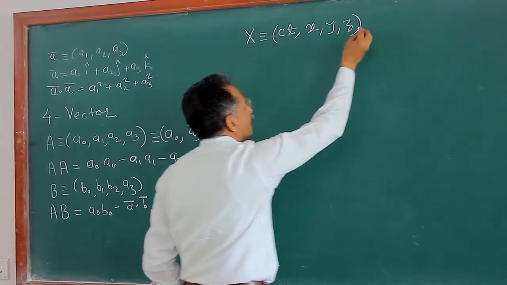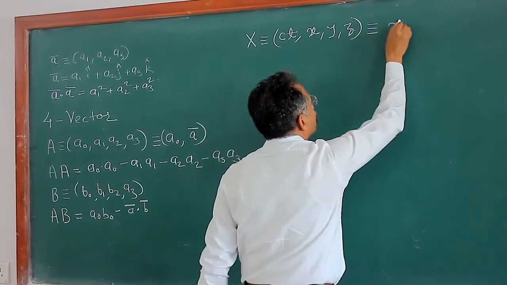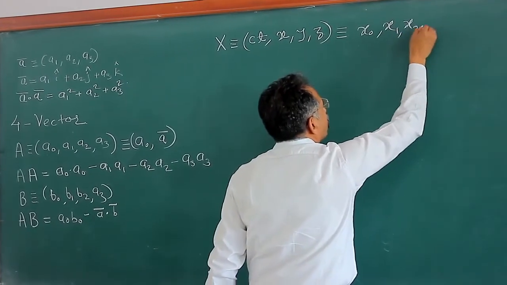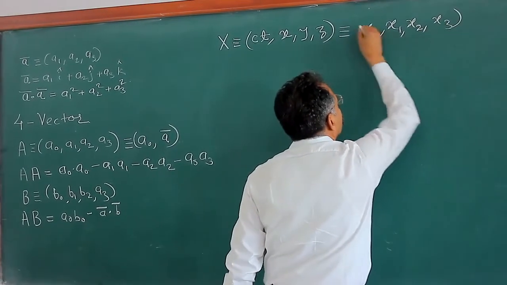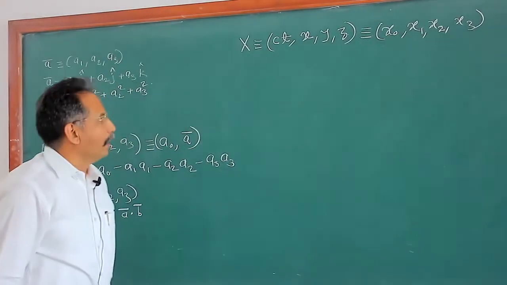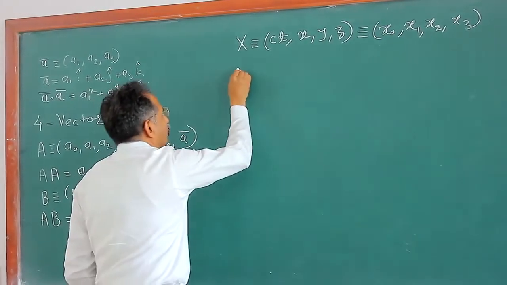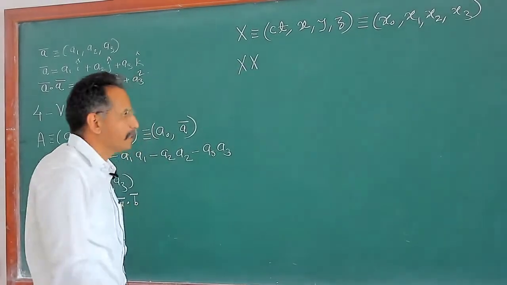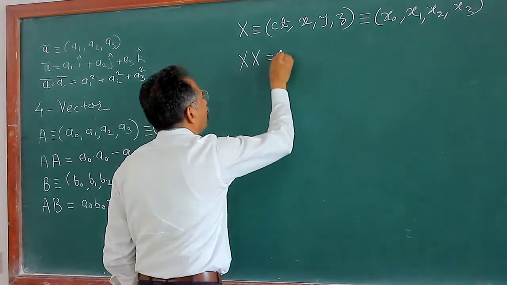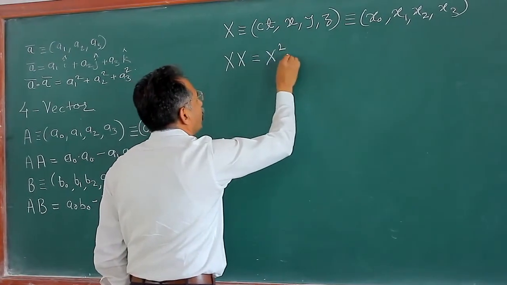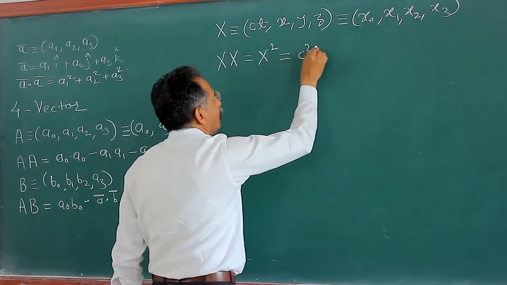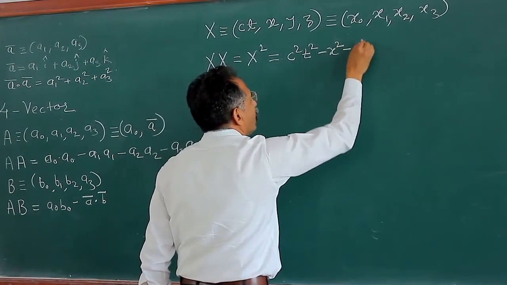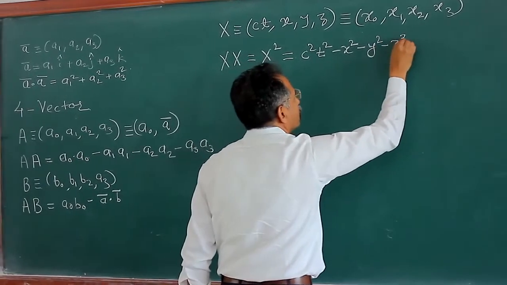So in generalized notation I can use x0, x1, x2, x3. Now you can find x square, the inner product of X with X. This is a quantity that we can call x square, and this will be c square t square minus x square minus y square minus z square.